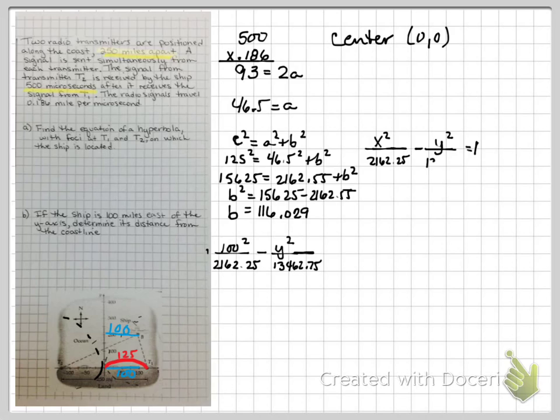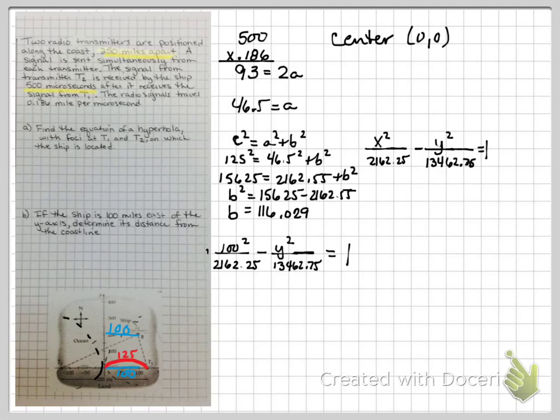This is actually supposed to be 13,462.75. I gave you the b as 116.02, and I should have given you b squared. I'm sorry about that. All right, so now we have that in our equation here, equals 1.